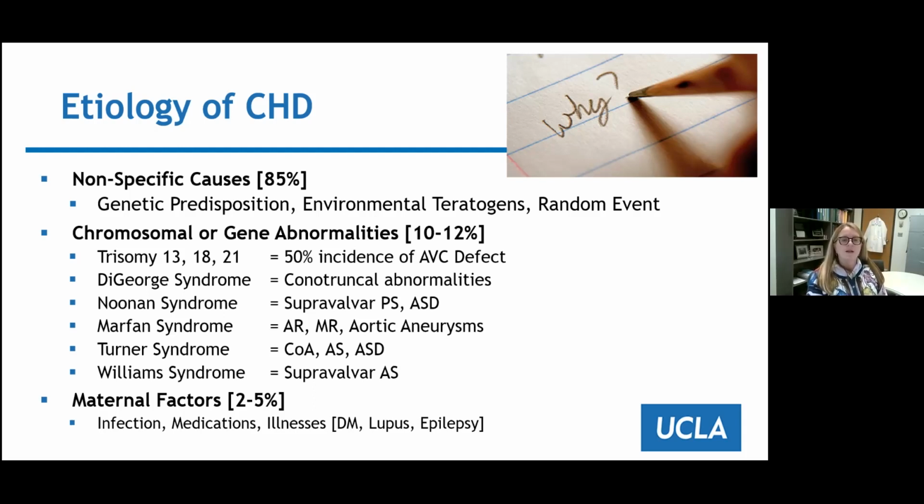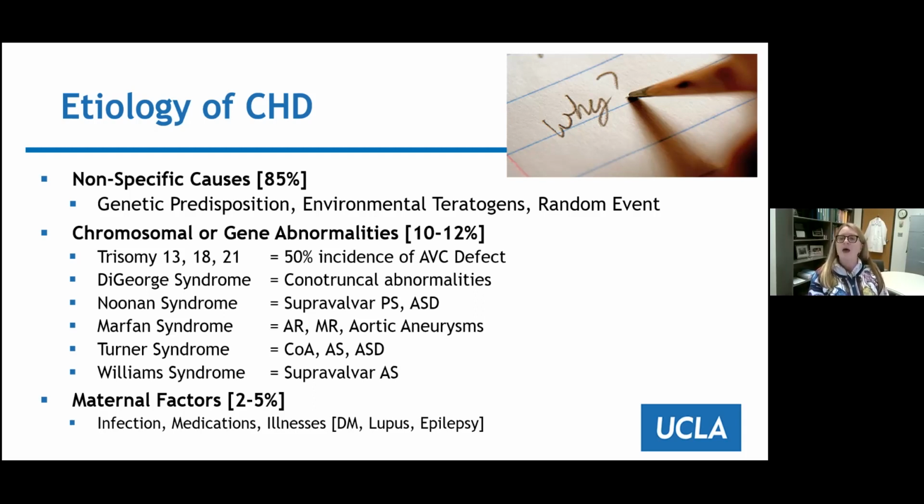And then if we look further down, 10 to 12% have a chromosomal or a genetic abnormality. Most commonly we see the trisomies, 13, 18, 21, and 50% of children with trisomy 21 will have some form of congenital heart disease.